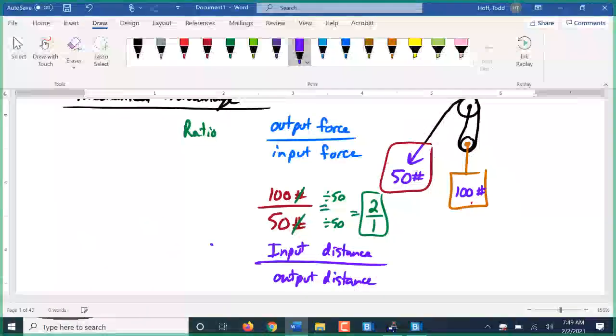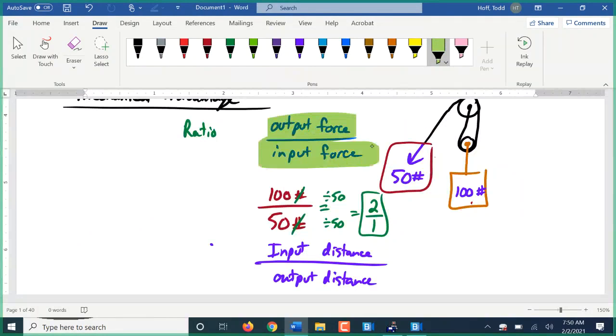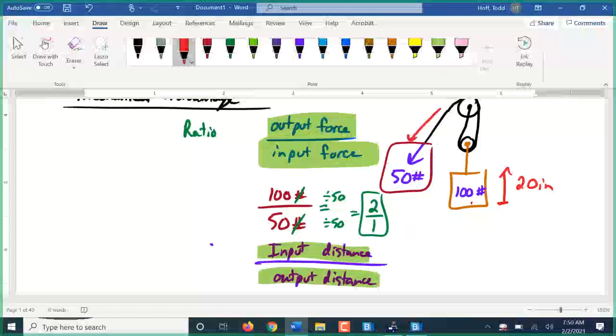The mechanical advantage, output force to input force, is the same ratio as the ratio of distances. Notice, though, that it's input distance over output distance. This is an inverse relationship. So if I need to lift this object here a distance of 20 inches, we're going to have to pull on the rope here twice as far, 40 inches.